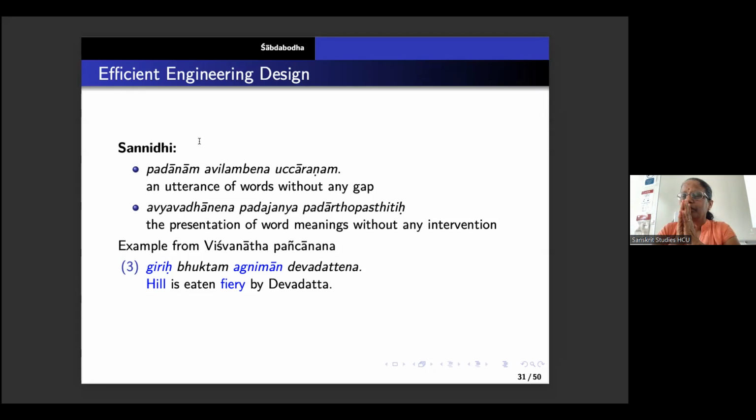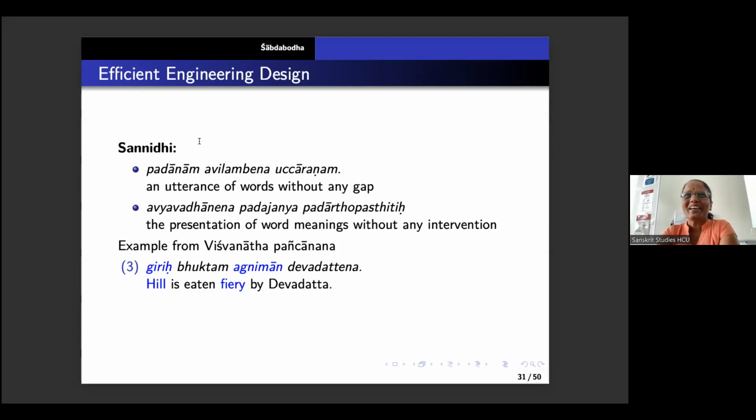Proximity, I'm shocked because this measure of proximity is not observed in most of the literature in such languages. In modern languages, okay. Not in Sanskrit. No, I will come to that.